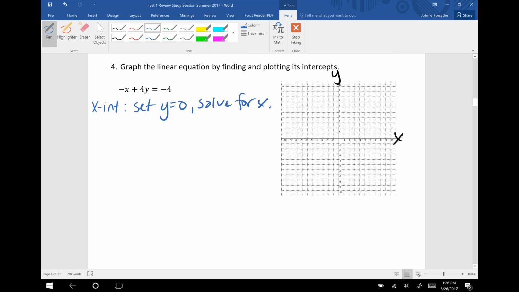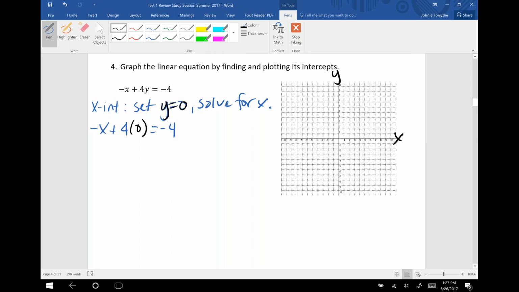So we'll start with the x-intercept. To get the x-intercept, you make y equal 0 and then solve for x. So I have negative x plus 4 times 0 equals negative 4. All right? Because I said y equals 0.